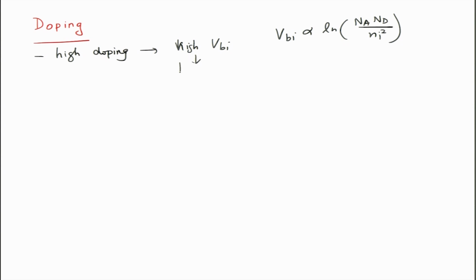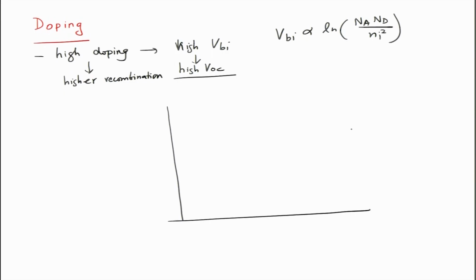So this may lead to high VOC, but when you increase the doping, doping also leads to higher recombination, especially at heavy doping. So if you plot the VOC, this is for example the doping concentration in per cc, and this is for instance your VOC in volts, and then we have here, let us say, the diffusion length.